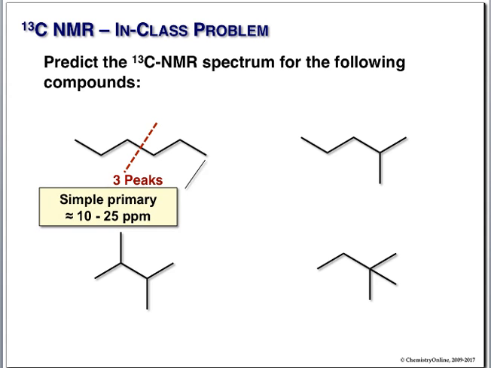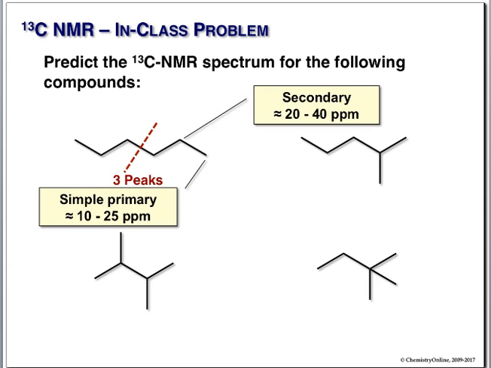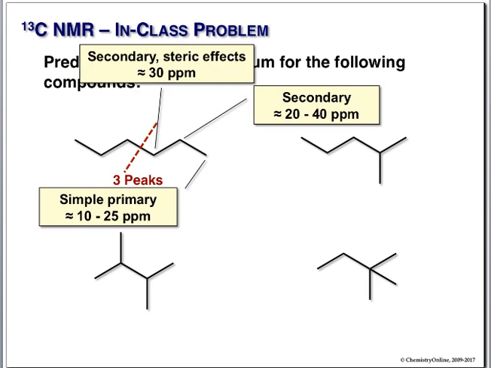Our simple primary here, 10 to 25. Our secondary, 20 to 40. And this guy that's crowded, well, probably 30-ish. Just as a ballpark. This is what it actually is. Down here, our terminal carbons are about 14.